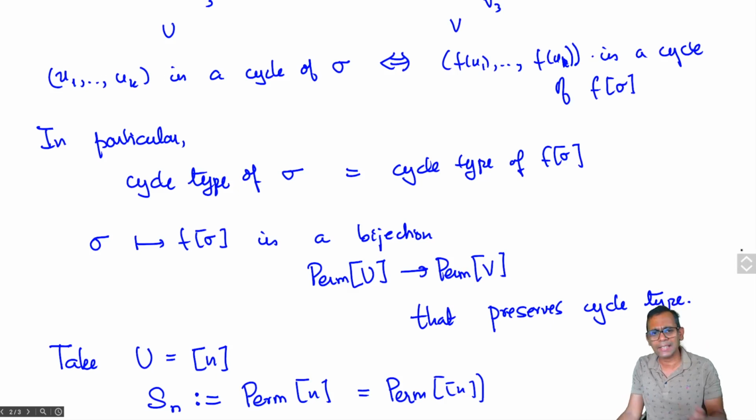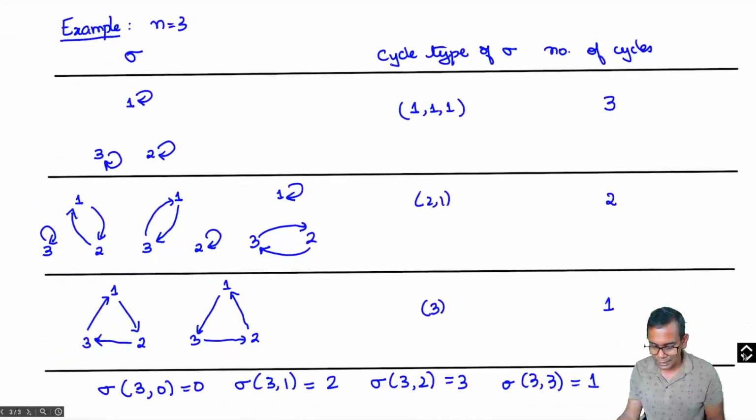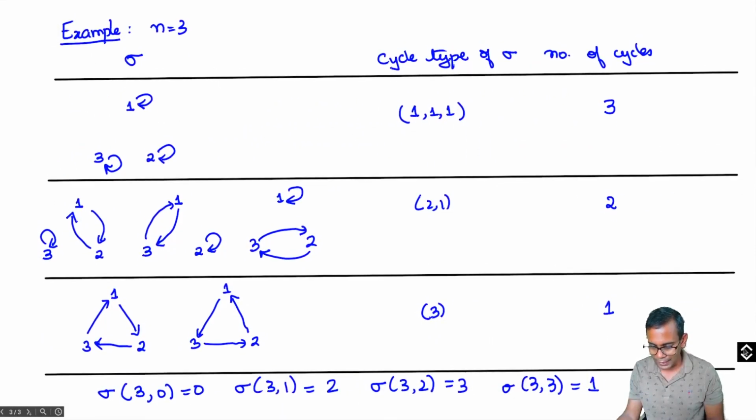And for any set U of cardinality n, you have a bijection from perm U to perm n, which preserves the cycle structure. Let's just look at an example where n is 3.